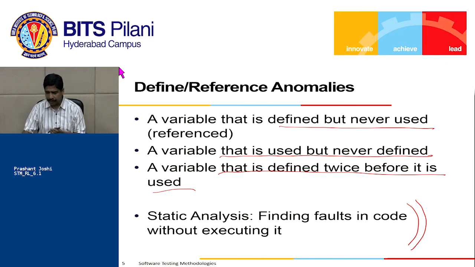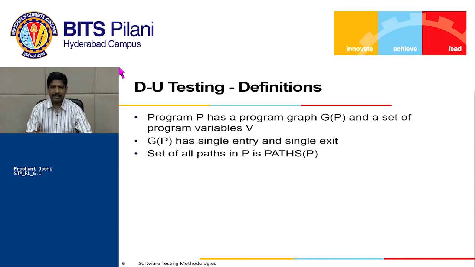At this point, as we proceed, I would love to mention the define and use testing. So we look at define, use. We could look at define, use, and kill. And we could look at pairs.